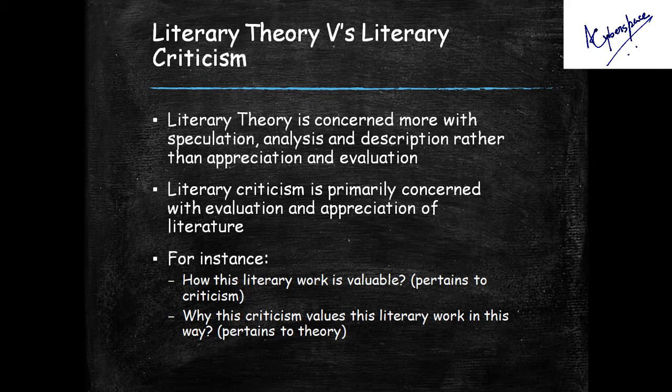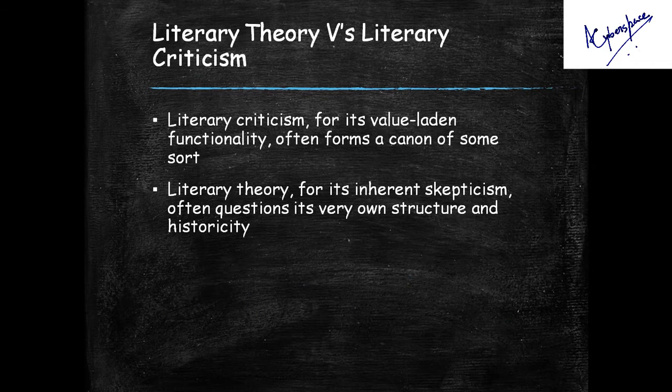And literary criticism, for its value-laden functionality, often forms a canon of some sort. So there would be a canon of literary works. So some literary works would be valued, some literary works would not be valued or undermined, right, or undervalued because of certain critical frameworks which would prevail in certain ages.